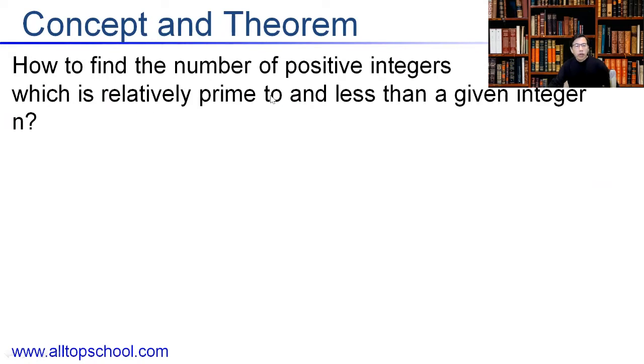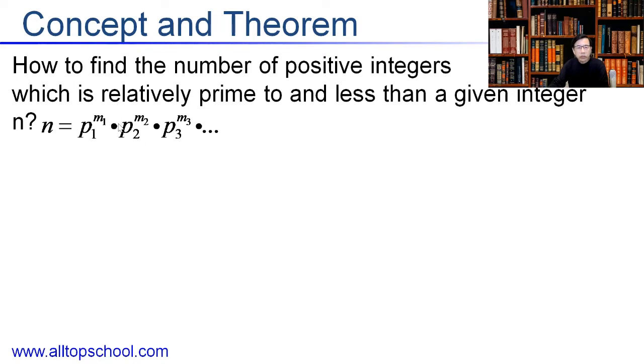How to find the number of positive integers which are relatively prime to and also less than a given integer n? The n can be prime factorized into prime numbers like p1 to some power, p2 to some power, p3 to some power. It's very easy to prove, but today I just give you the result.